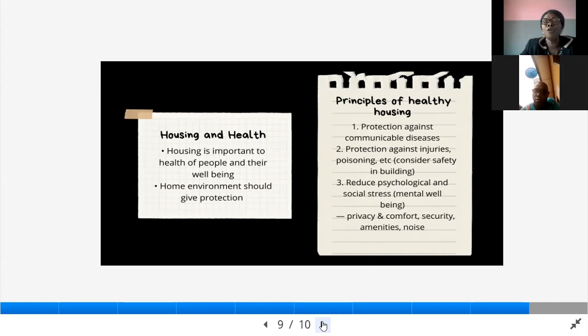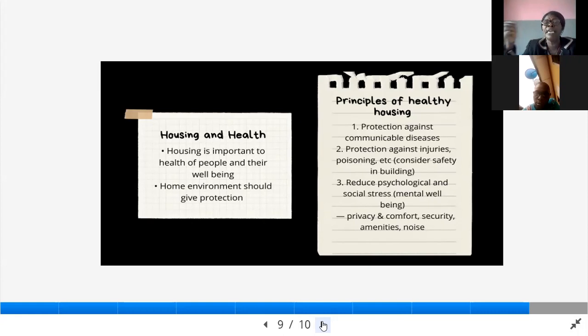And if your house is not strong enough, when the rain comes, with thunder and lightning, it can blow off the building, and it will bring a lot of emotional stress for the family. So you must consider that when you're building your house: look at the quality of the materials you're using, look at where you're siting it, look at the environment, and a lot of other things.